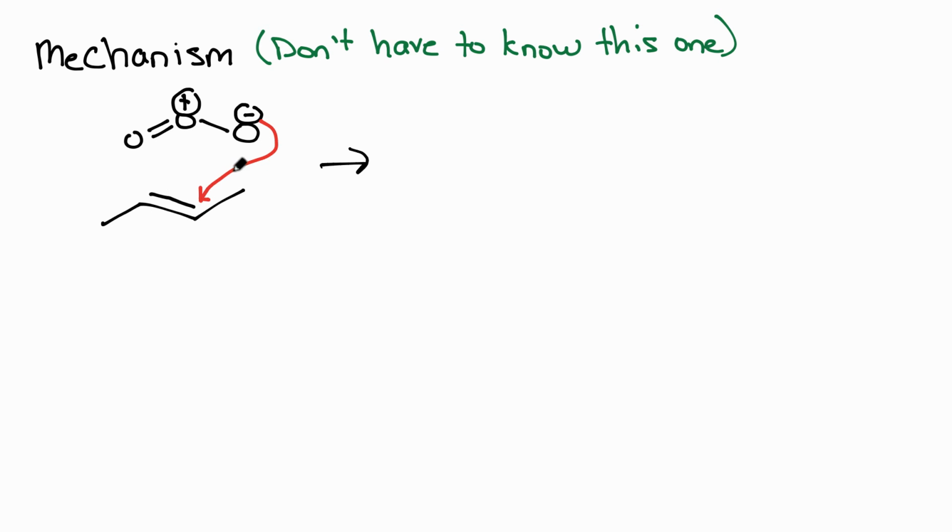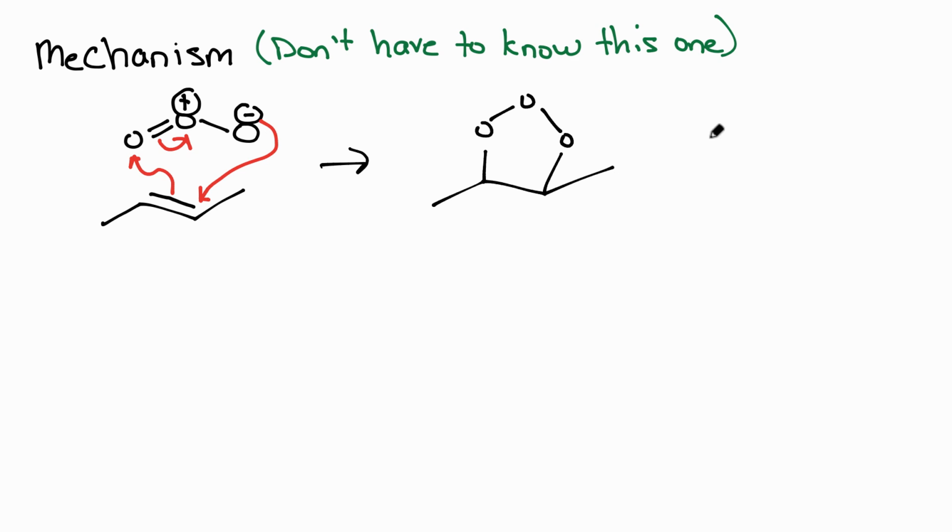These electrons come down to form a bond with this oxygen. These electrons go to this oxygen, and then we push these over onto the positively charged oxygen. So this gives us our cycloaddition product with the 3 oxygens present. Now the next thing to keep in mind is that oxygen-oxygen single bonds are pretty weak, so they're quite willing to break.